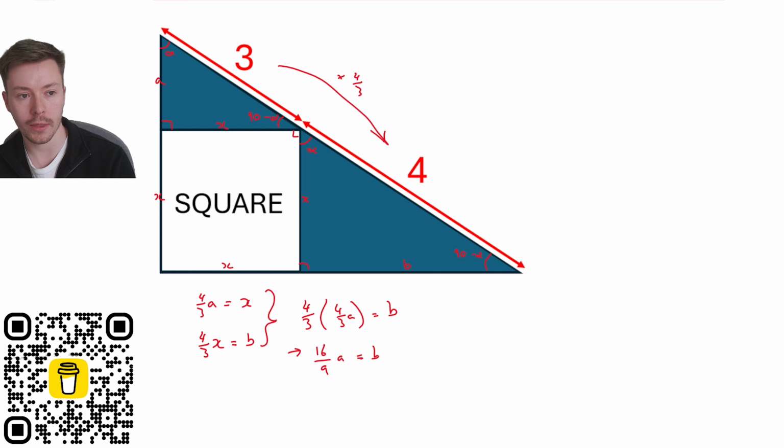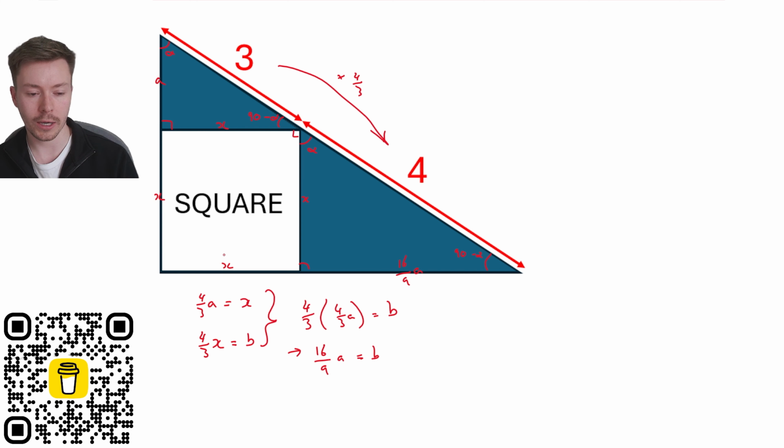Now, I'm going to rewrite that B now as 16 over 9 A. Okay, so from there, I have also got the x's in here.